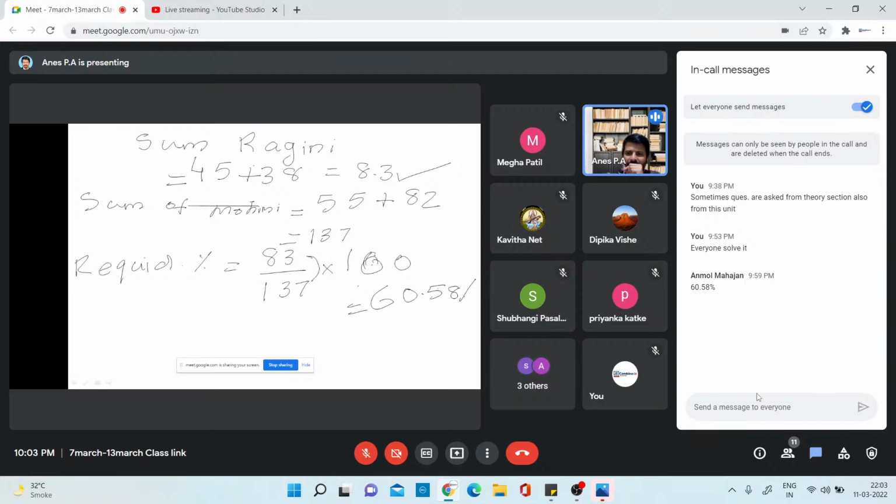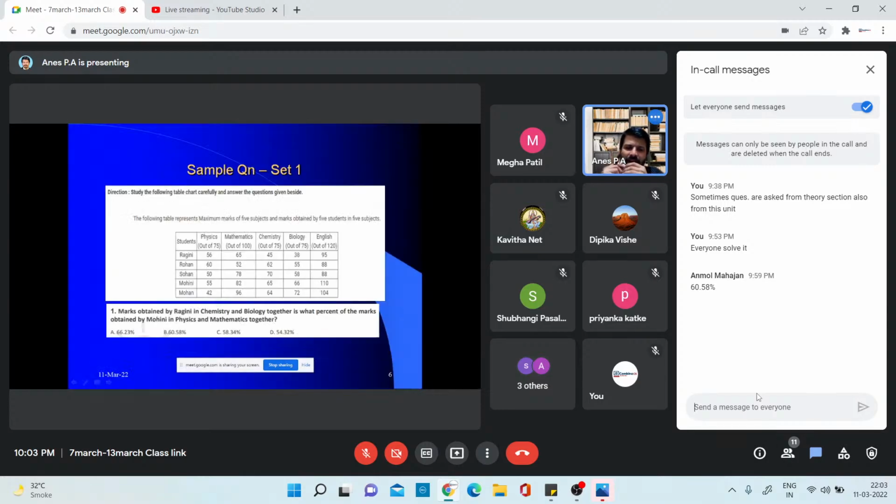You do more problems to fasten the calculation. This is a really simple arithmetic thing. So we get the value as 60.58. You got the point? Anybody respond? Yes, sir. Okay.